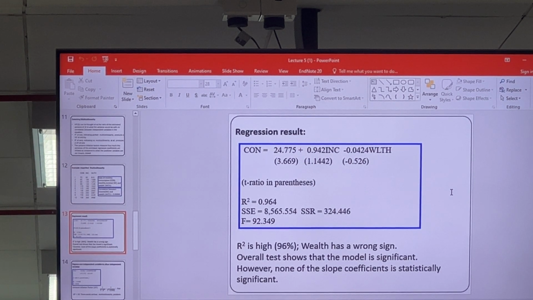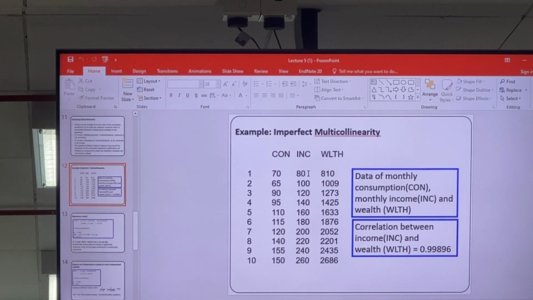So then we regress. Another thing that you should do before you estimate the model is to state or identify the prior expectation about the sign of the estimate.